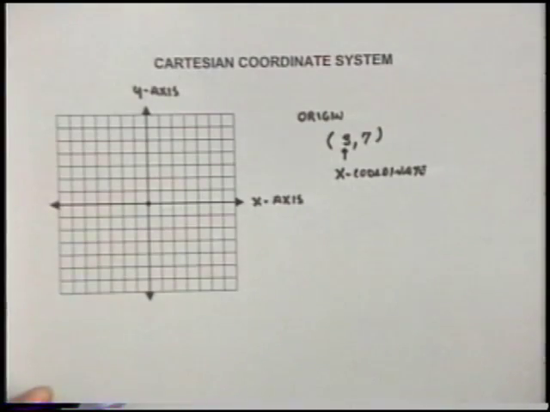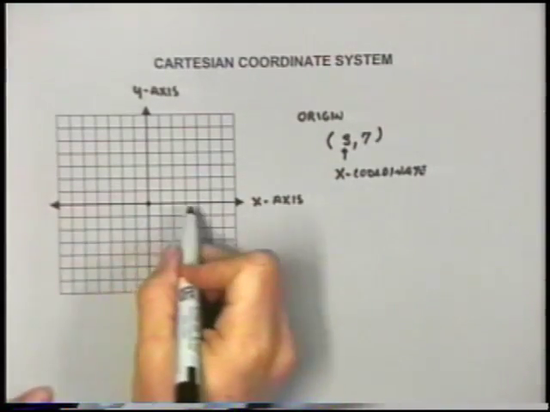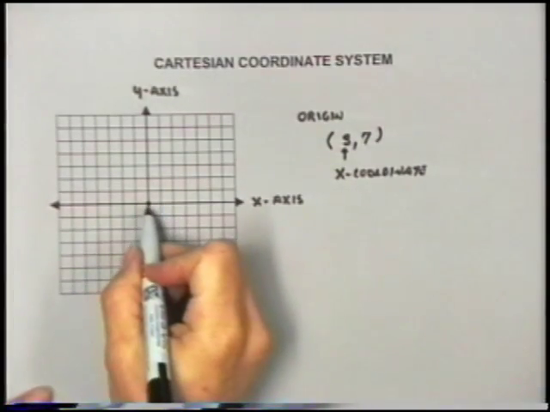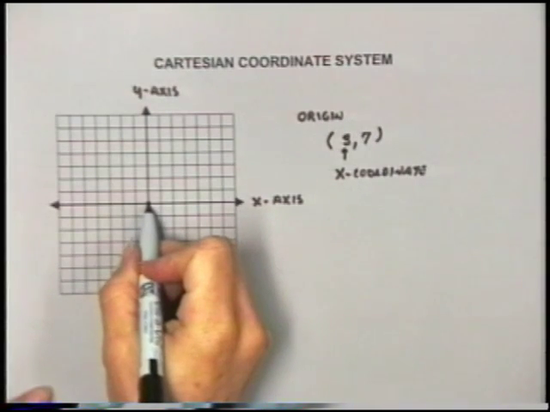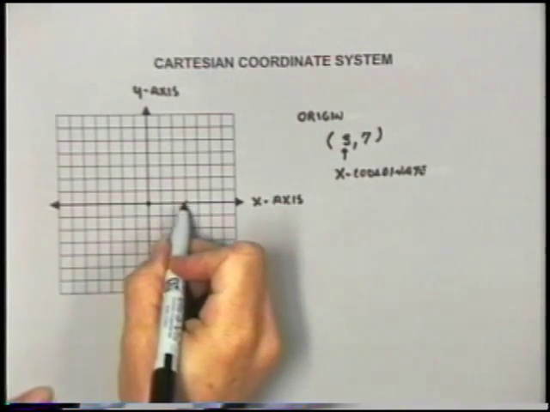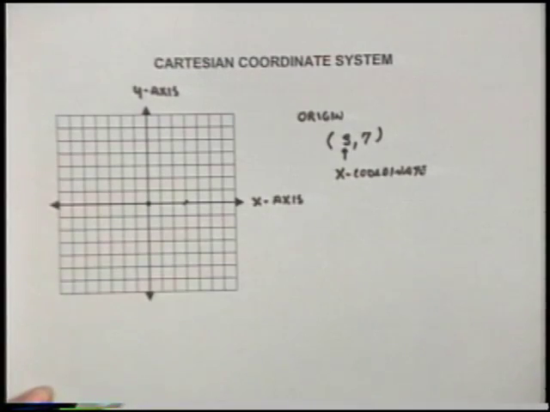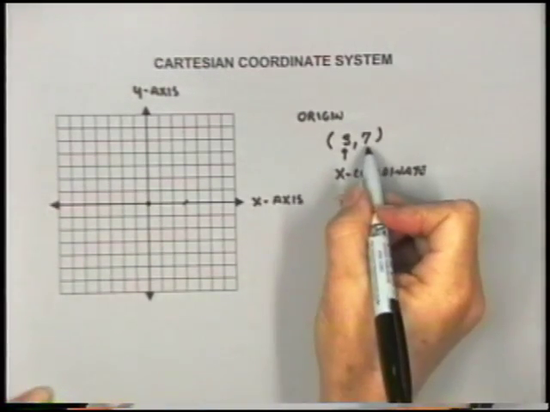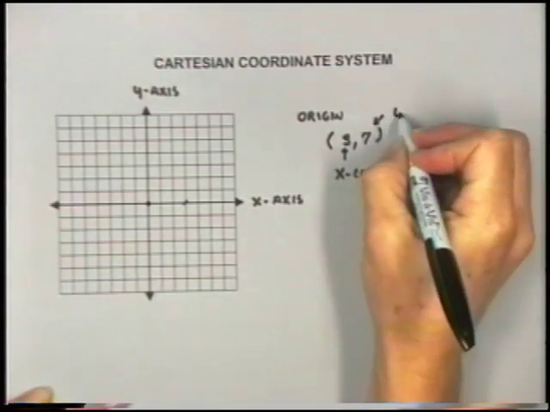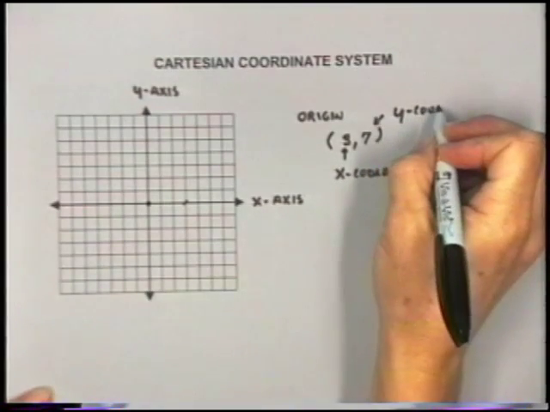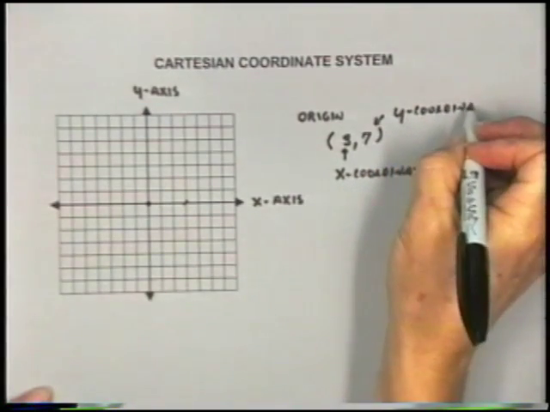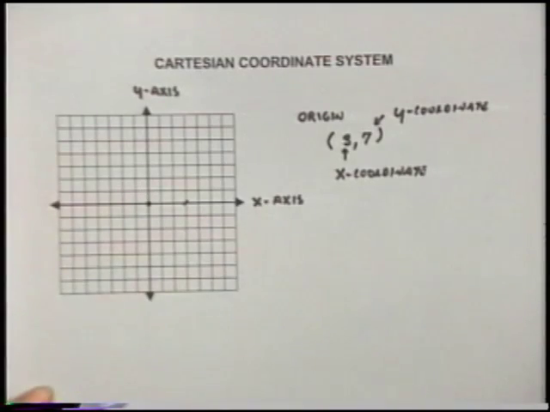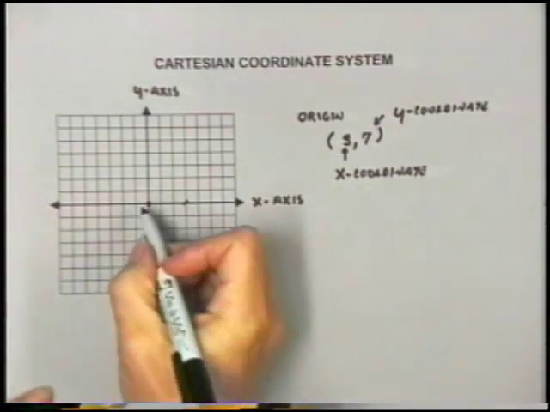That gives me the number that I would find on this x-axis. So for this first coordinate, I would go on the x-axis to 1, 2, 3. The second number is called our y-coordinate.